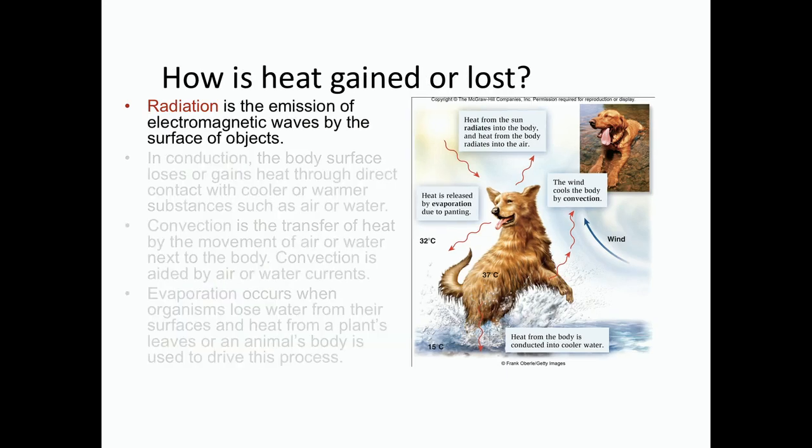So radiation, the definition of radiation is that it's the emission of electromagnetic waves from the surface of objects. So you can gain energy or lose energy through radiation without having to touch another object or organism. This is just the energy that is coming off of the organism or being emitted by the organism.